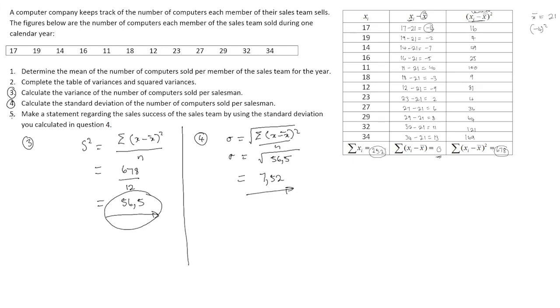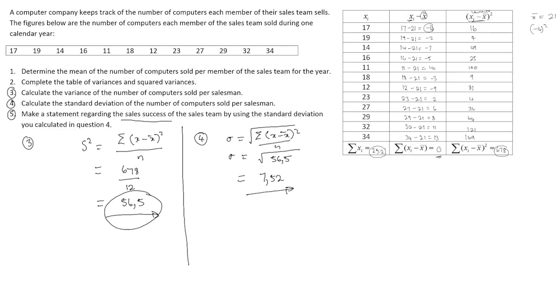So let's look at question 5. With question 5, make a statement regarding the sales success of the sales team by using the standard deviation you calculated in question 4. If you look at the standard deviation, you will see that there are 7 of them that are very close to the mean.